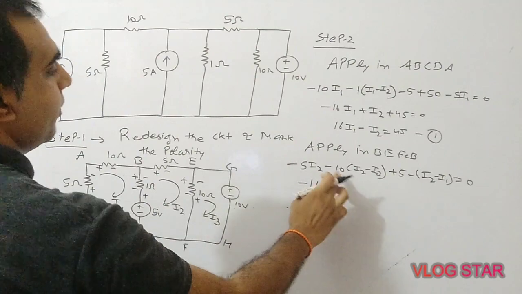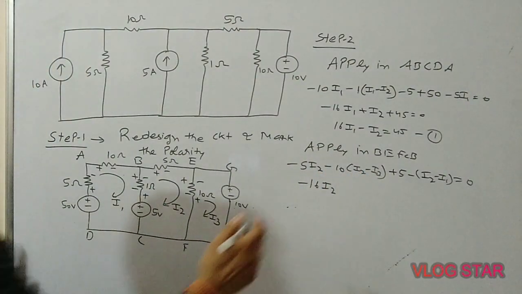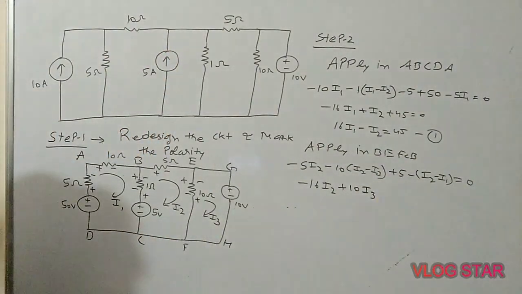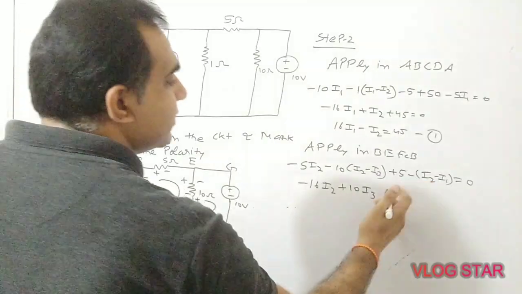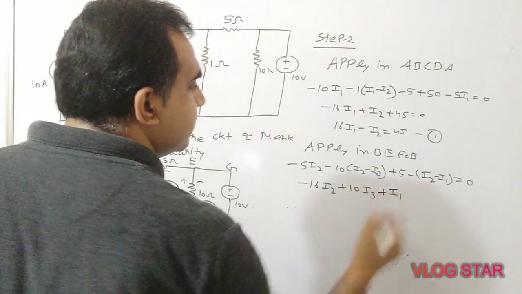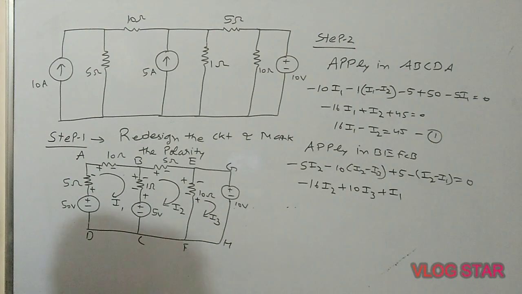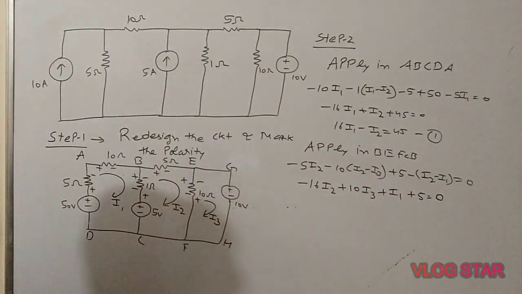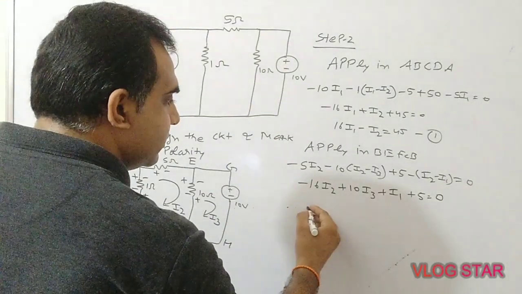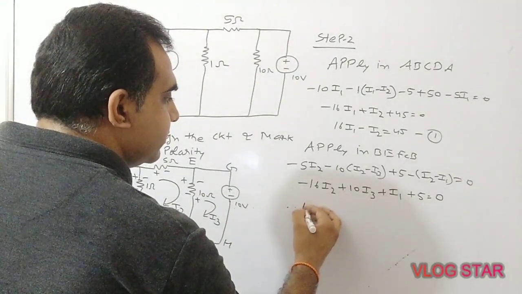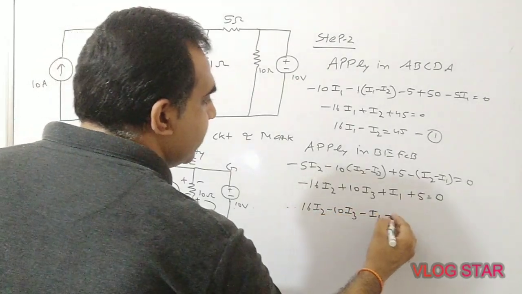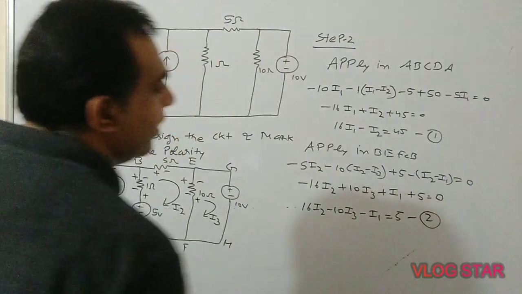Now plus 10 I3, and what about the I1 value? This is plus I1. Now plus 5 equal to 0, or we can write it like 16 I2 minus 10 I3 minus I1 equal to 5. This is your second equation.